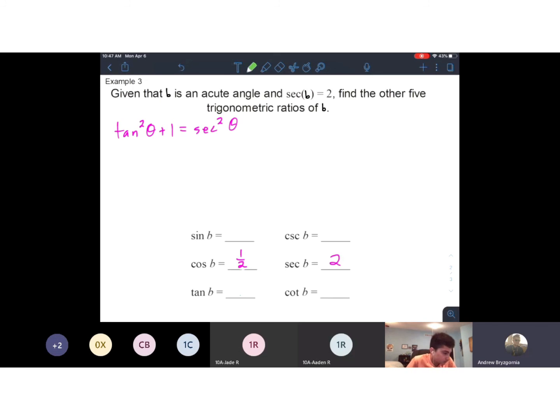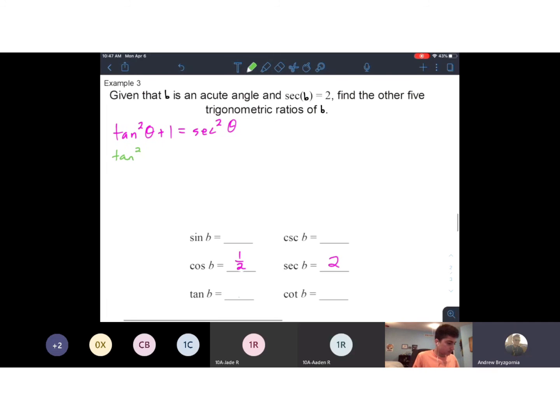That means we get tangent squared plus 1 equals 2 squared, and of course, 2 squared is 4.